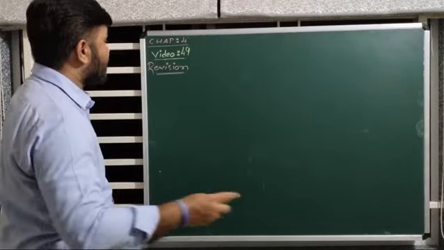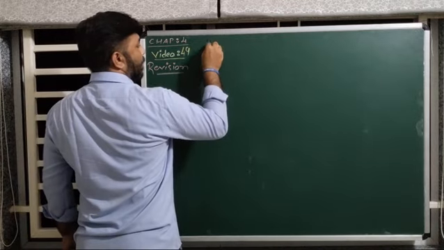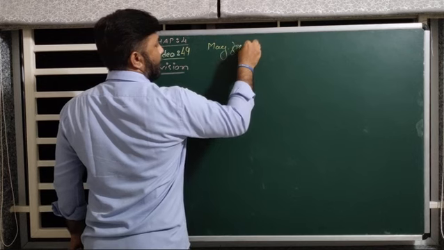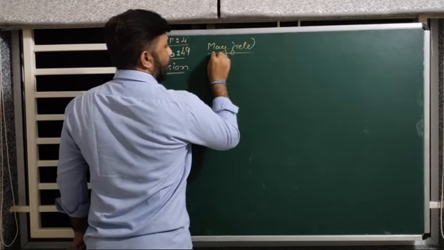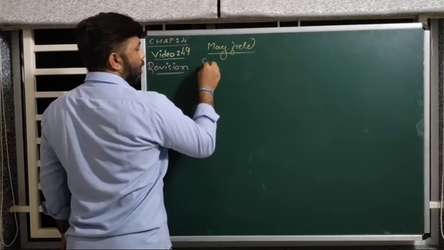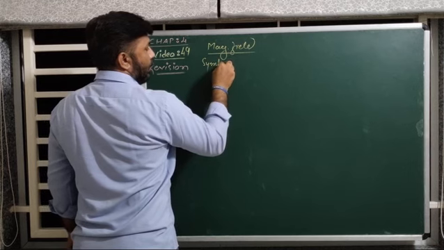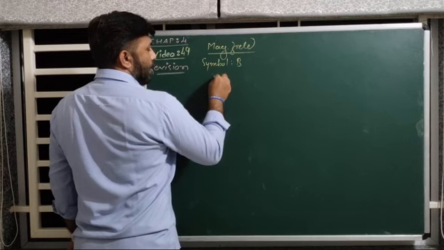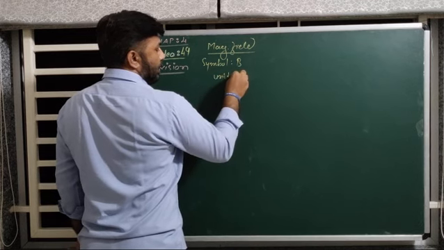Now we have seen about magnetic field. It has the symbol B, and its unit is Tesla.